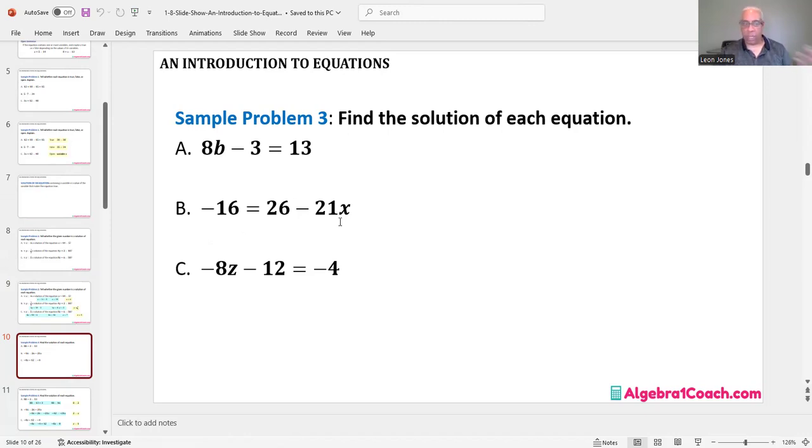Now I'm doing them without a calculator, doing them by inspection. And I can do the same thing here, multiply everything by -1, because 2 negatives cancel and you get a positive, which is going to give me 8z plus 12 equals 4. Then I'm going to get 2 for the answer.